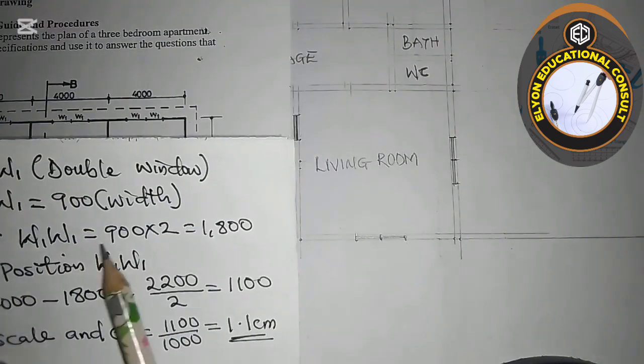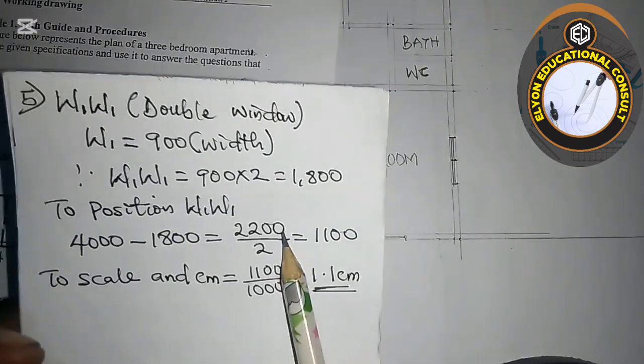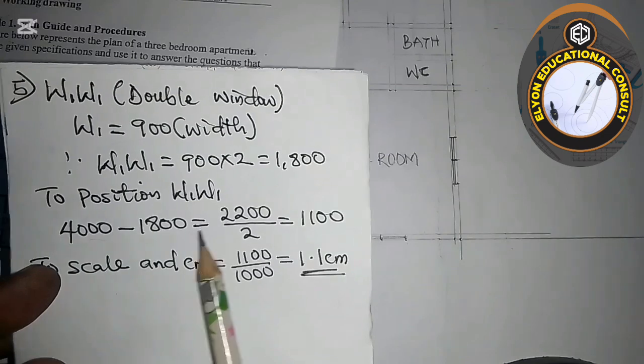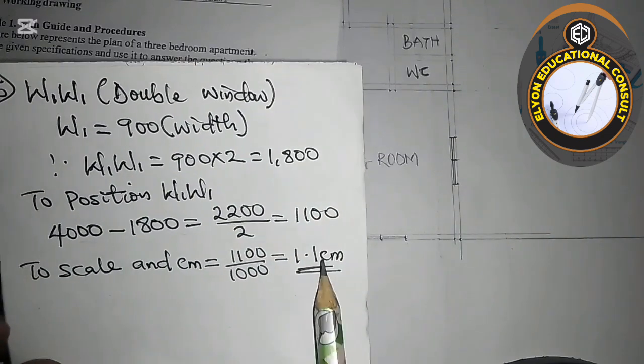The width for W1 is 900 times 2, that is 1,800. To position this now, 4,000 minus 1,800 gives us 2,000. Then divide by 2, and to scale that is 1.1.